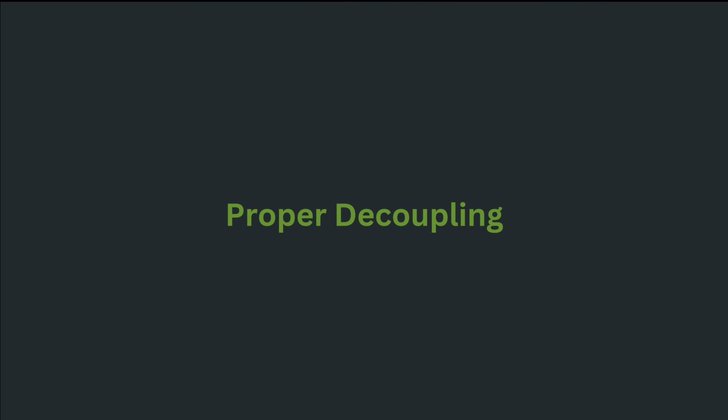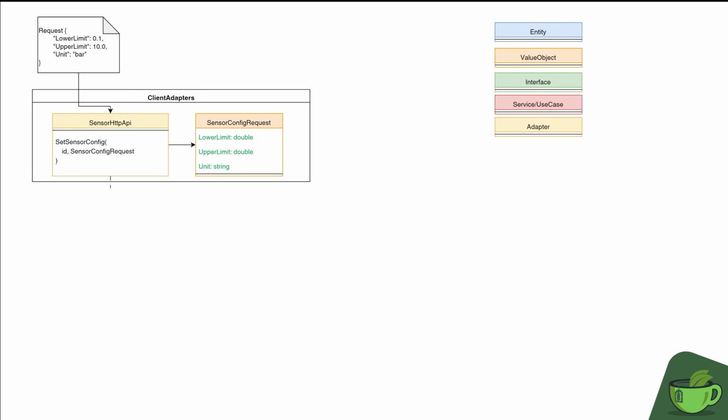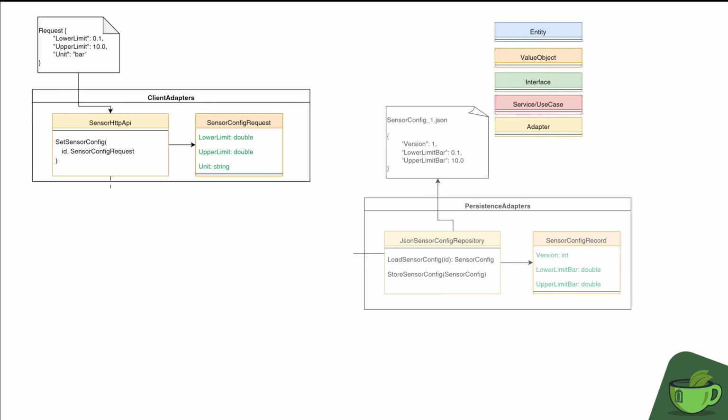Of course, the solution to this is proper decoupling. For starters, we took a closer look at the client side. The request needs to have the unit, but not the version. So we created a new struct called sensor config request, which contains exactly that. The sensor HTTP API now expects to receive requests in that format. We did the same on the persistence side.